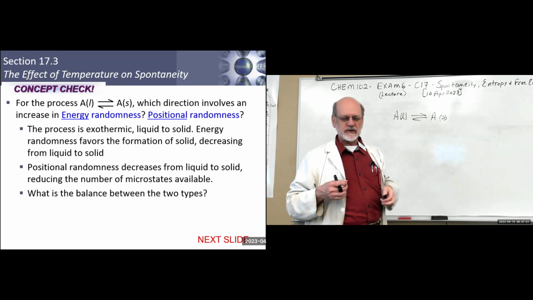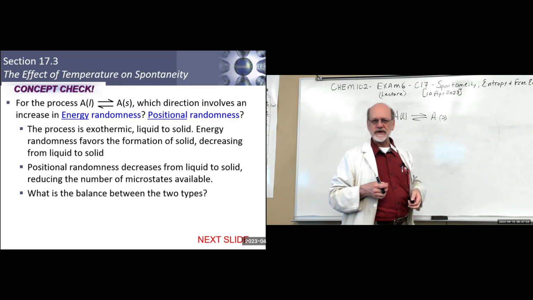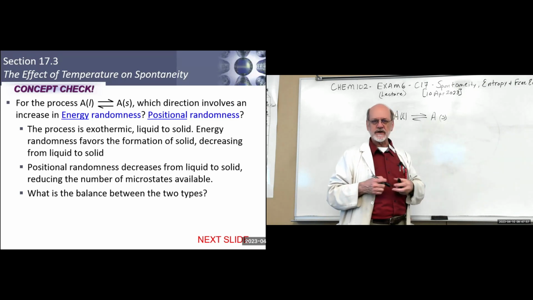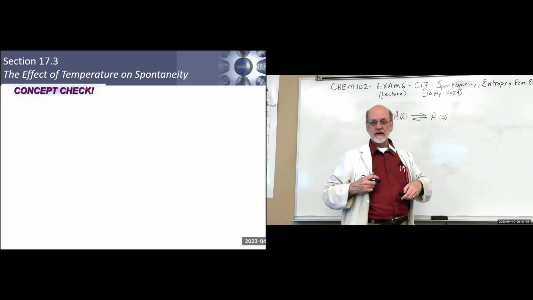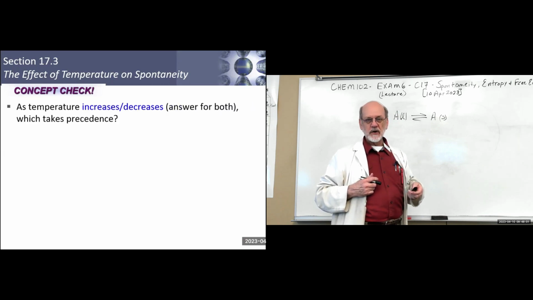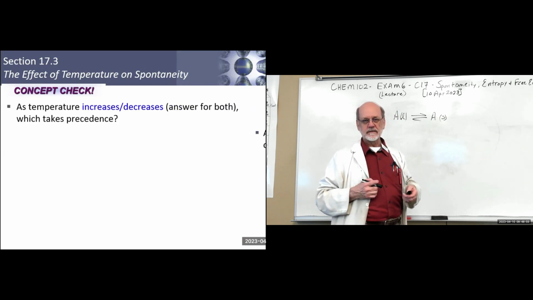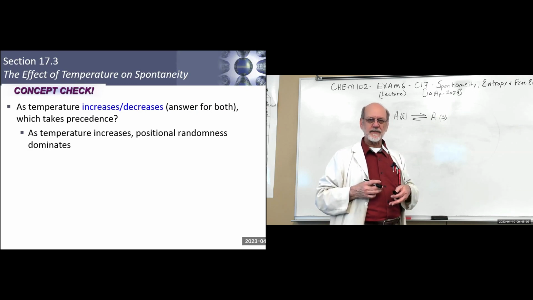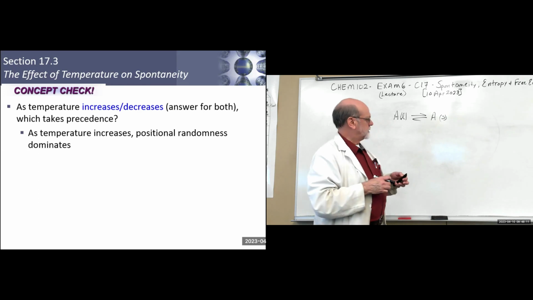So what's the balance between the two? Well, they're both decreasing, right? Going from liquid to solid, they're both decreasing. So if we consider both of them together, as temperature increases, positional randomness dominates. Okay.